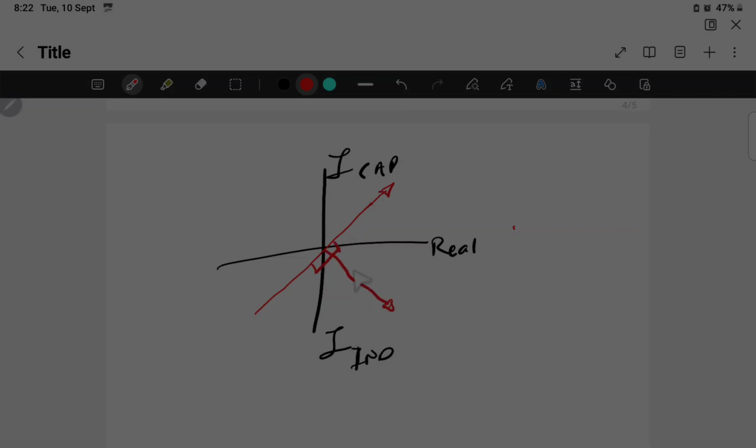Then you would have your real here, that's your real voltage, on top your inductors, and at the bottom your capacitor.